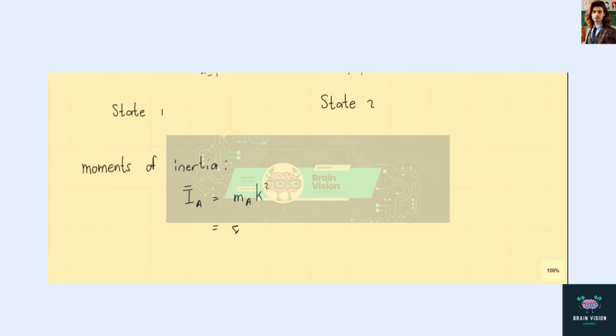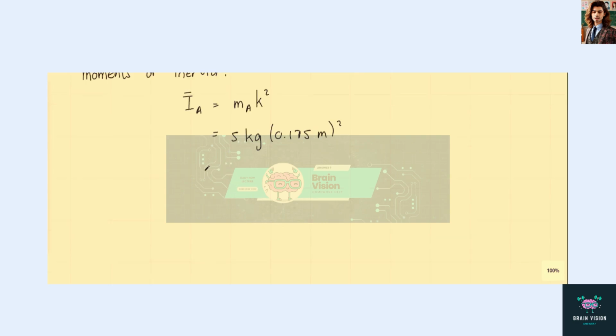And this is equal to 5 kg into 0.175 meters, that's squared. And so we get moment of inertia to be 0.153125 kg meter squared.